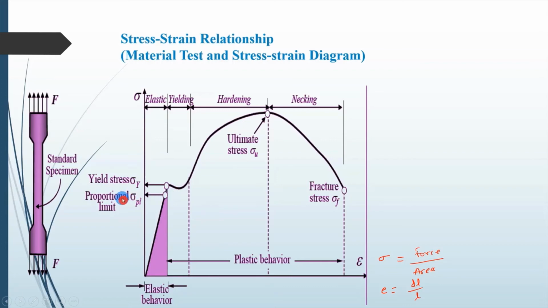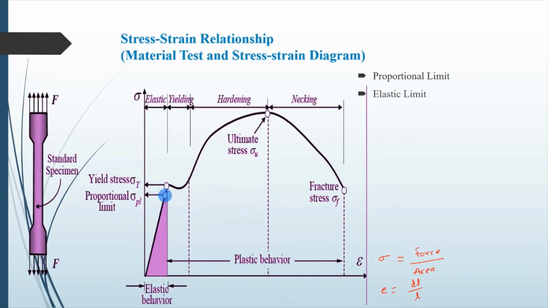First point is the proportional limit. The proportional limit is the point up to which stress is directly proportional to strain. This is an important point. Next, there will be the elastic limit.